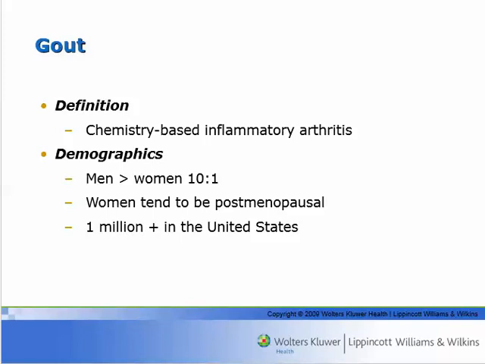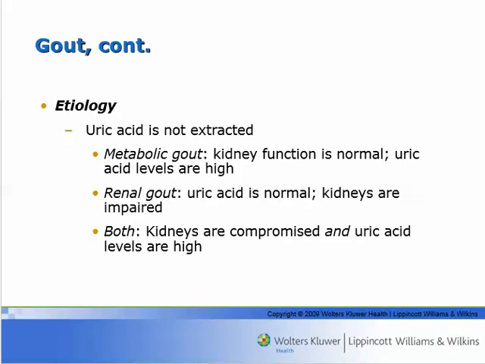Now, men get it 10 to 1 over women, and the women that get it tend to be postmenopausal. And it's quite common. So, what's happening here? There's too much uric acid, and there's too much uric acid for one of two reasons, or both.